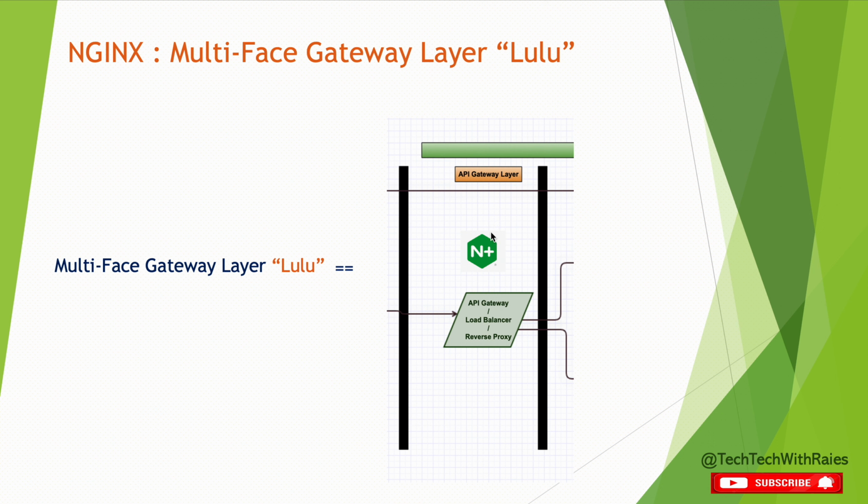That means this is a gem of the API gateway layer, and this is why in the very beginning I told you that this is the multi-phase gateway layer Lulu. It is wonderful and remarkable. Its contribution towards the API gateway layer is remarkable, and this is why I am calling it Lulu. Thus, I prove that NGINX is the multi-phase gateway layer Lulu.